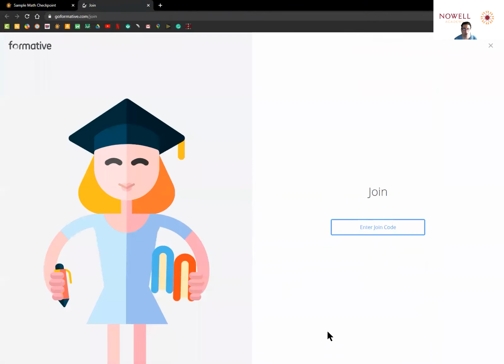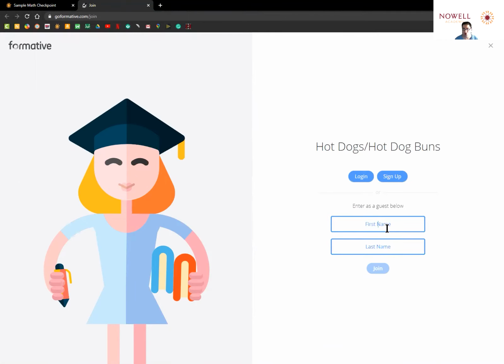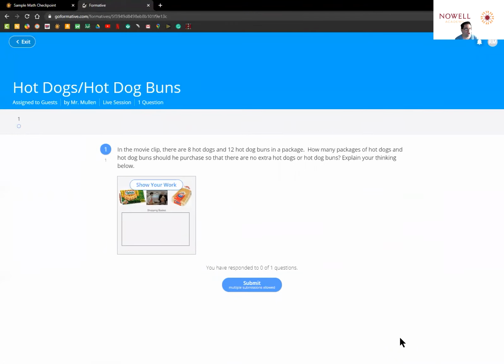From here, you would simply type in your code. Once you do, it'll recognize, oh, you're looking for the hot dog buns problem. And then from there, you just type your first name and last name, and then join.